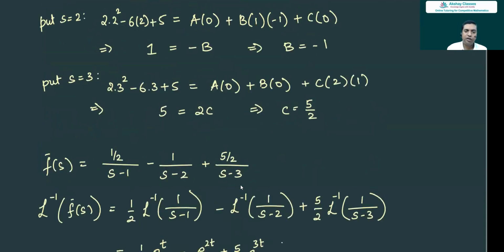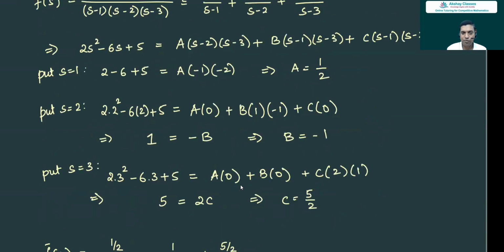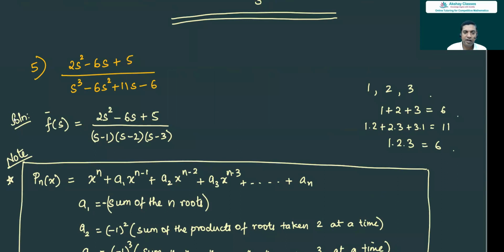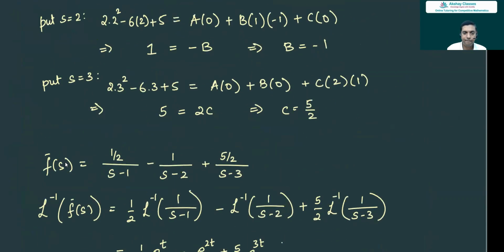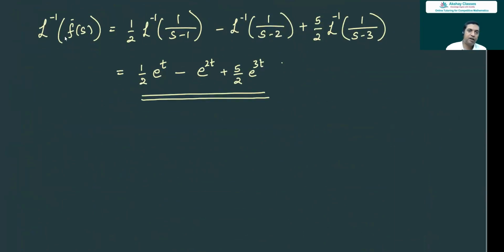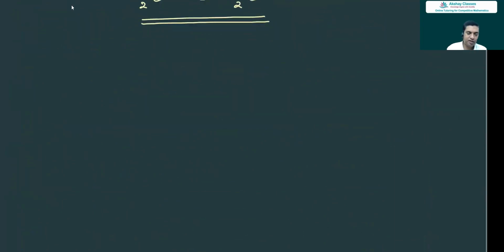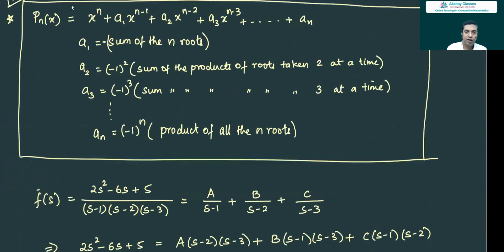So the problem did not involve any complex Laplace transform. It was very simple. What we had to do is to resolve this into partial fractions, and knowing the basic concepts of polynomials, we could do it very fast.